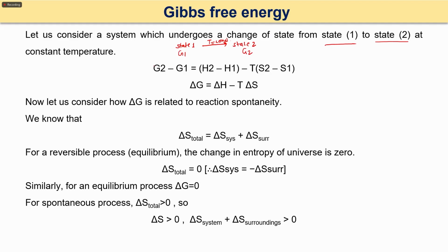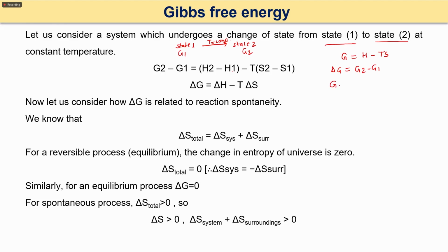So the Gibbs free energy change will be G2 minus G1, that is final minus initial. You know that G is equal to H minus TS.